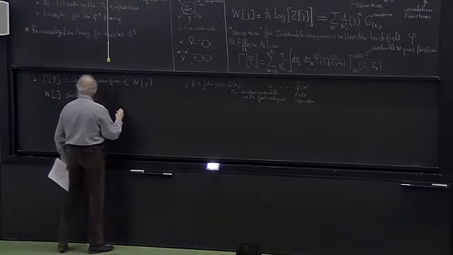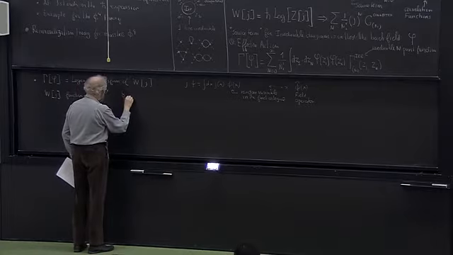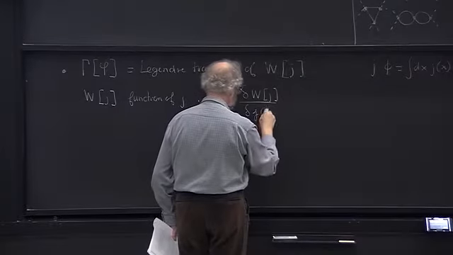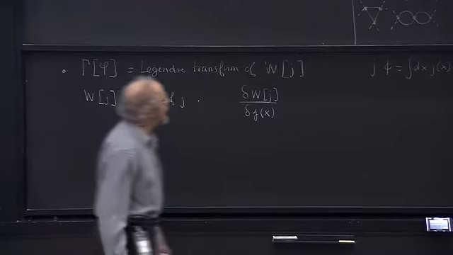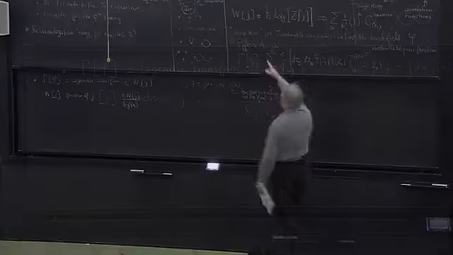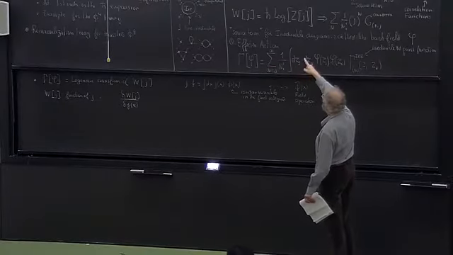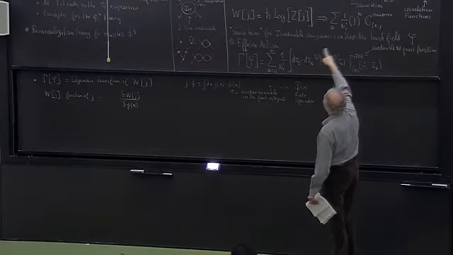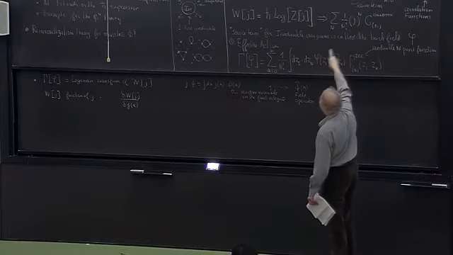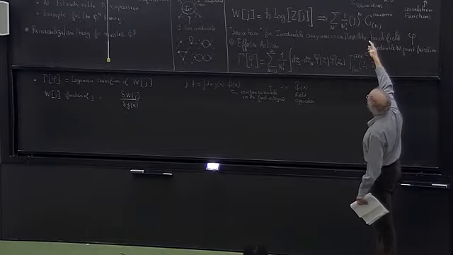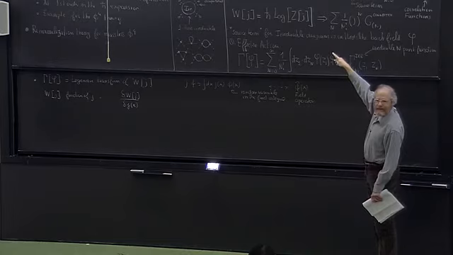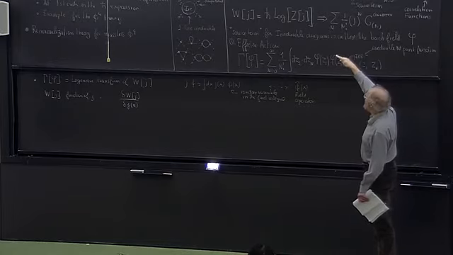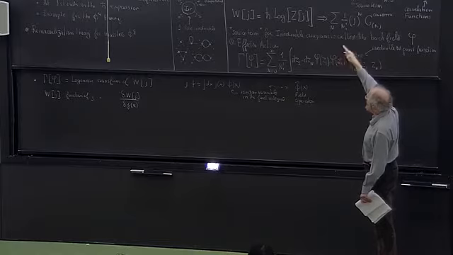So it's a function of this function G of x. Then you can define an object which is just the derivative of W of G when you make a change of the value of G at a given point x. And you see very easily from the definition of W of G, since this is h bar times log of the functional integral Z, taking a derivative with respect to G makes one phi of x get out in front of the exponential, and there is the denominator.